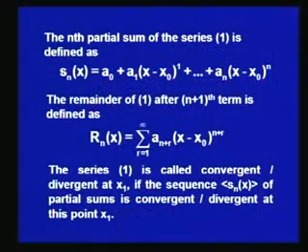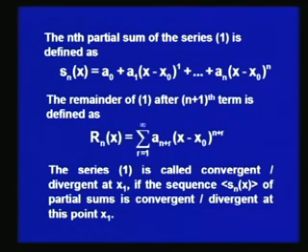The nth partial sum of the power series given by equation 1 is defined as Sn(x) equal to a naught plus a1 (x minus x naught) to the power 1 plus and so on, an (x minus x naught) to the power n. The remainder of the power series given by equation 1 after the (n plus 1)th term is defined as Rn(x), which is equal to sigma r equal to 1 to infinity a_(n plus r) (x minus x naught) to the power n plus r.